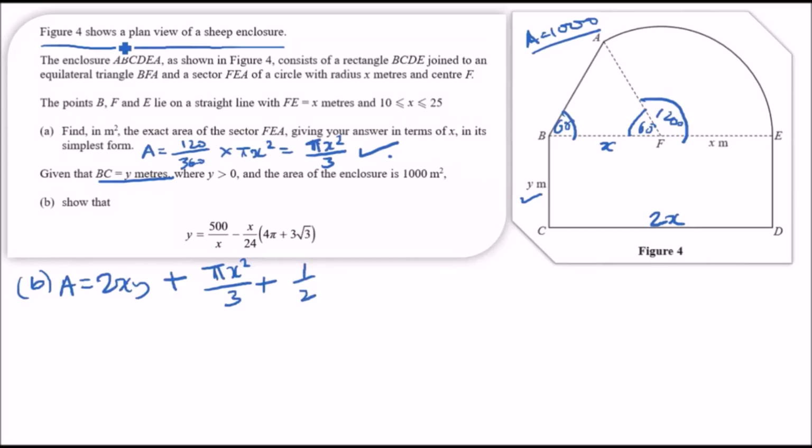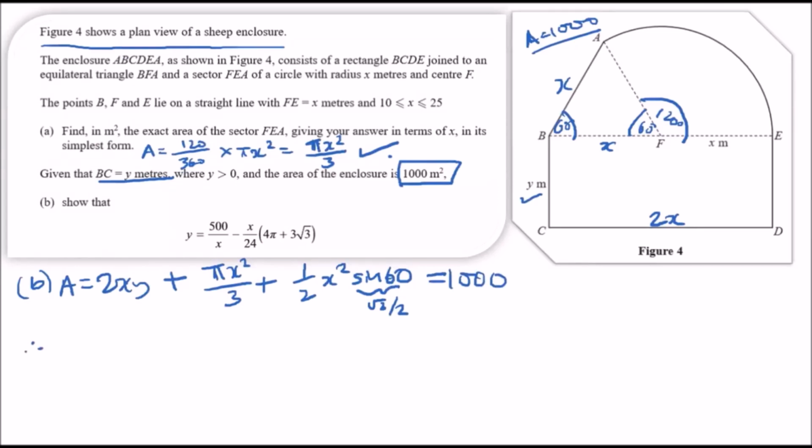Or we can use the half ab sine C rule: take two sides and the angle between, so half times x times x times sine 60. And sine 60 is root 3 over 2, so we can take a note there. We also record that the whole area equals 1,000, so all of this equals 1,000.